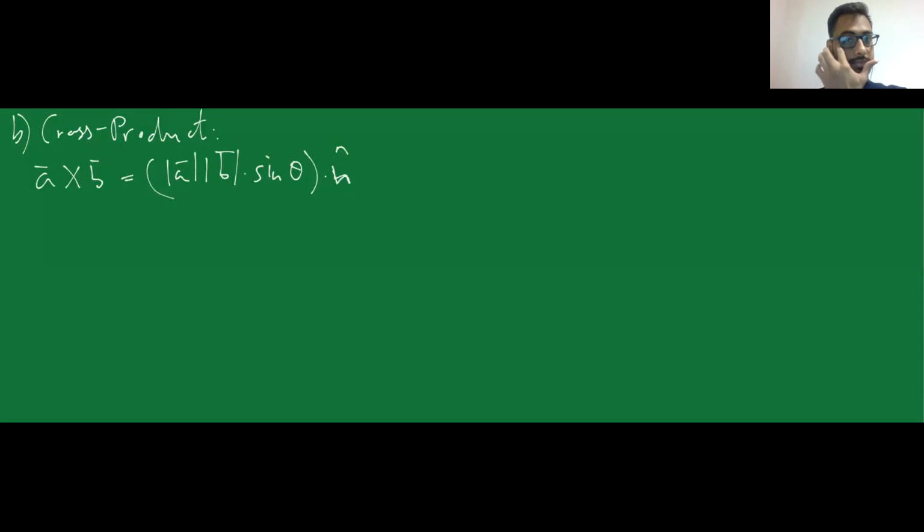N cap is a unit vector which is perpendicular to both A and B. Therefore, I can say that n cap is a unit vector which is perpendicular to both these vectors, B bar and A bar.